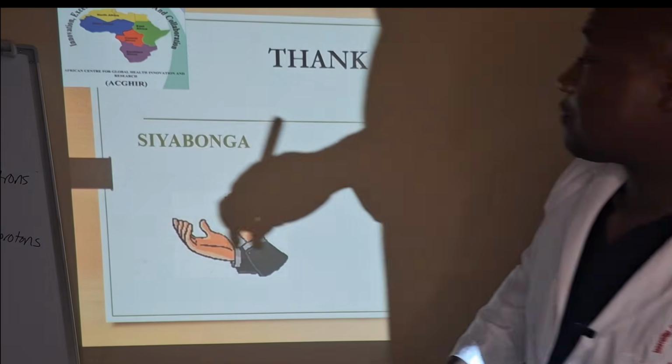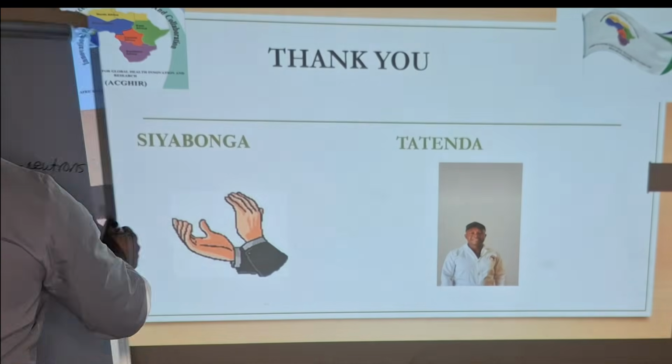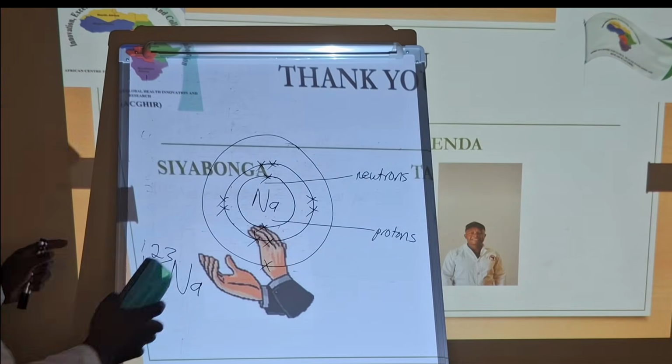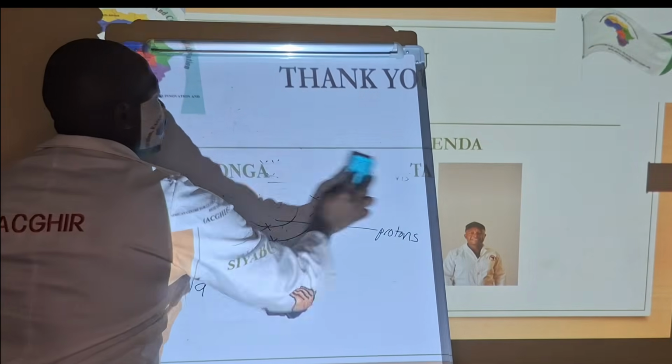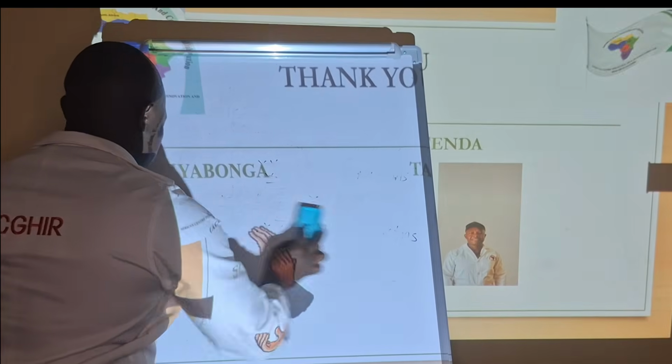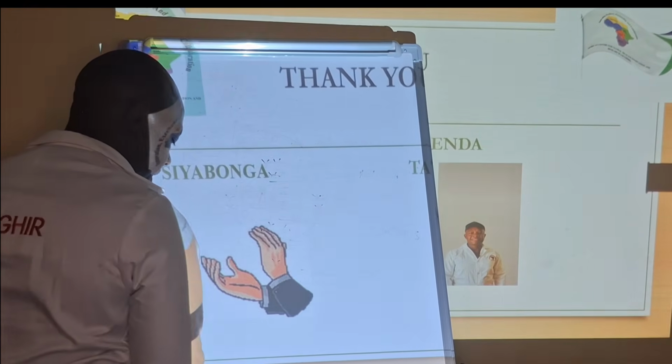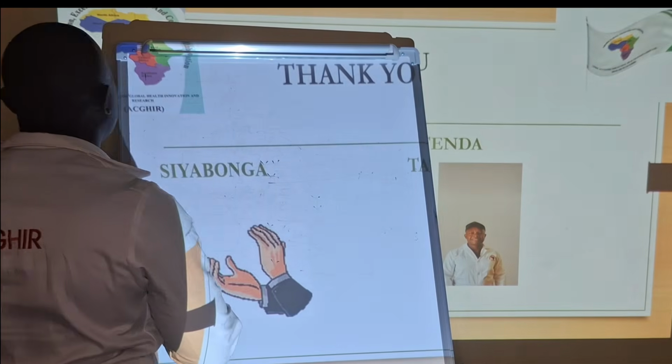So let us fill our first 20 elements so that we get to understand the electronic configuration in SPDF notation. Right, so what did we say?